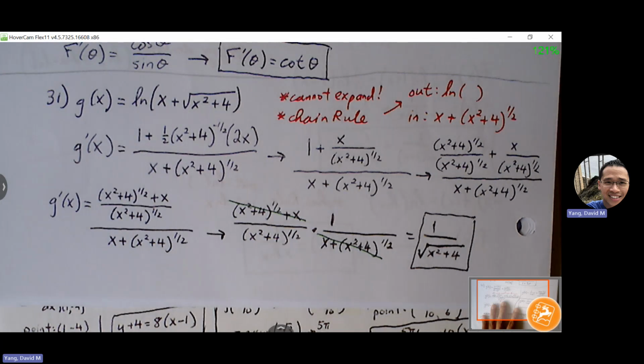But the way I got even closer to my cleaned up solution is I did common denominator here. Once I found the common denominator, then I push this up to the top and look for more relationships that can help me clean up. So this in the denominator, same thing as multiplying by its reciprocal.